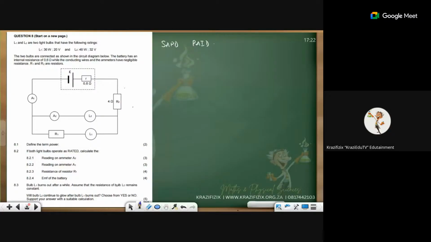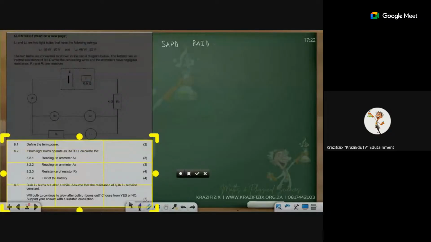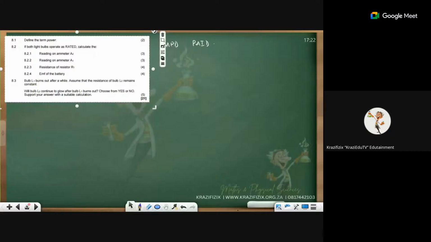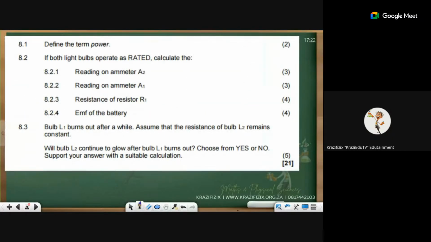Number one. Define the term power. Do you remember what power is? What's the formula for power? Guys, always first think about formulas.